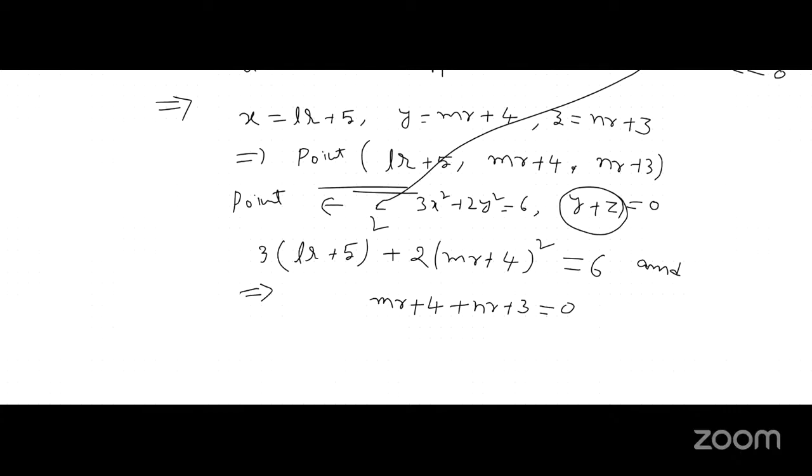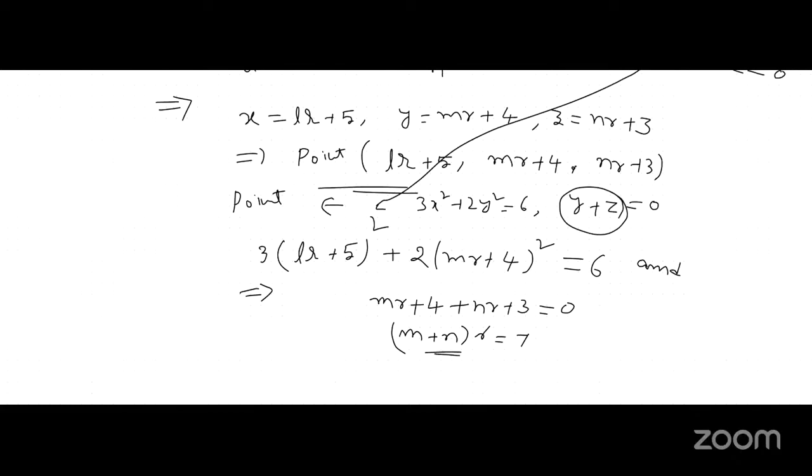So (m plus n) r equals 7, negative, that is, (m plus n) r equals minus 7. Now we have to substitute this in equation 1.